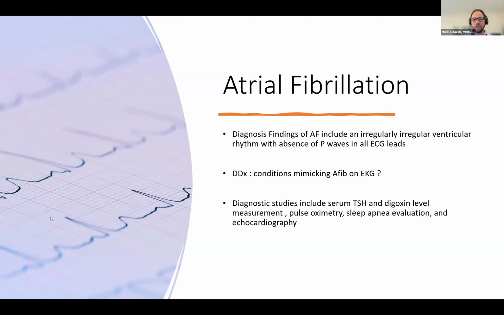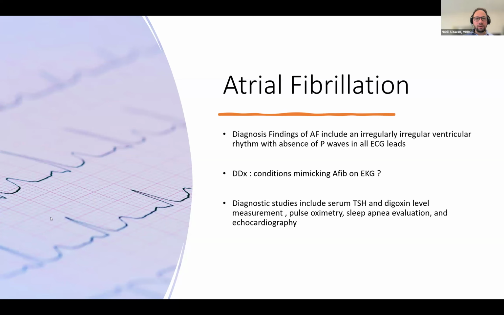Atrial flutter with variable conduction can mimic AFib sometimes, and AFib can appear as an irregular wide complex tachycardia, mimicking VFib in the setting of intraventricular conduction delay.